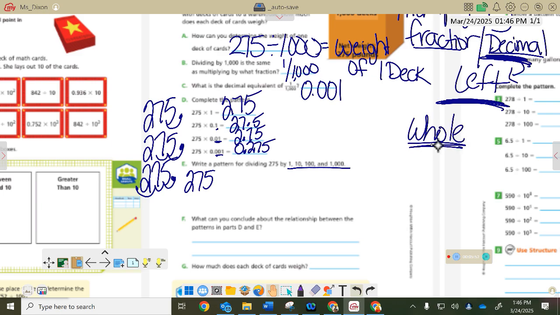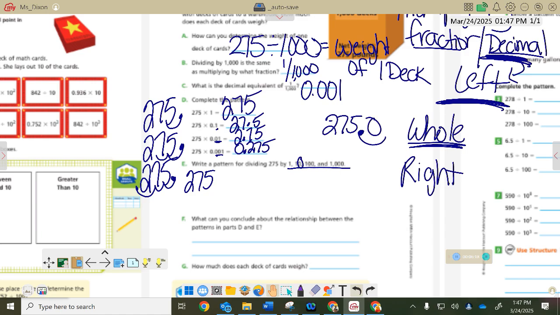When we are multiplying by a whole number, we do the whole dance of the Cupid Shuffle to the right. So we're moving to the right. 1, 0, so 1 place to the right. We have 275, decimal is here, 1 place to the right.